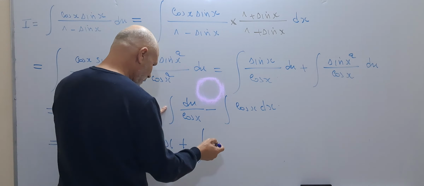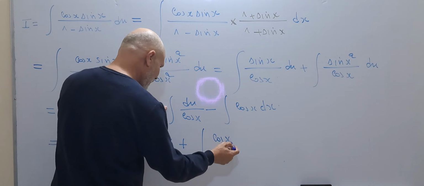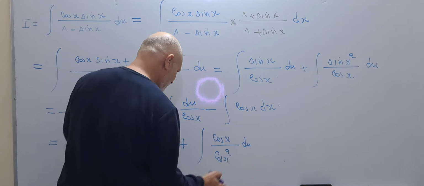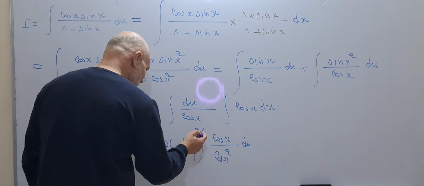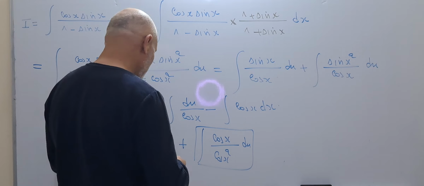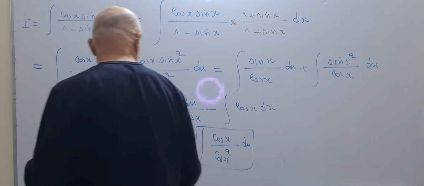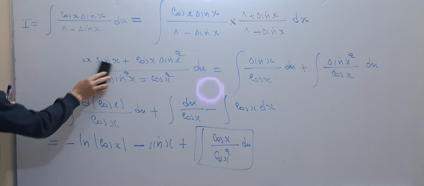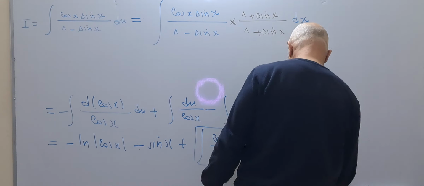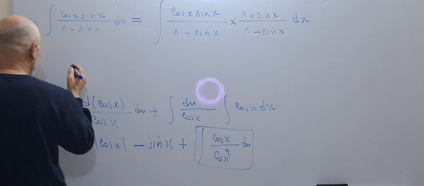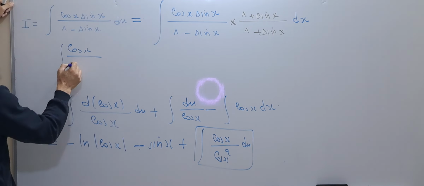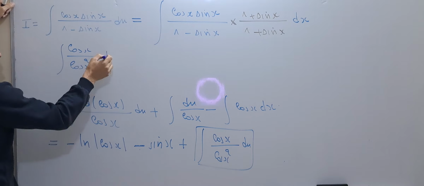So this we can multiply by cosine x over cosine x square dx. Let us deal just with this one: cosine x over cosine x square dx.